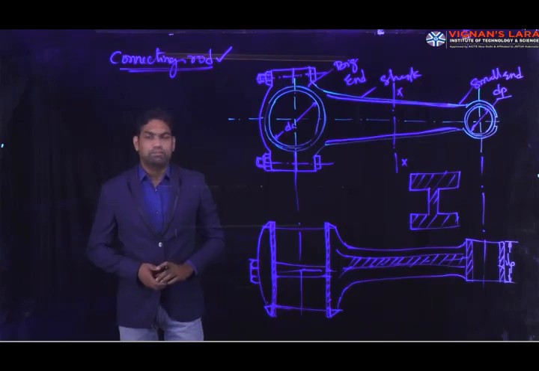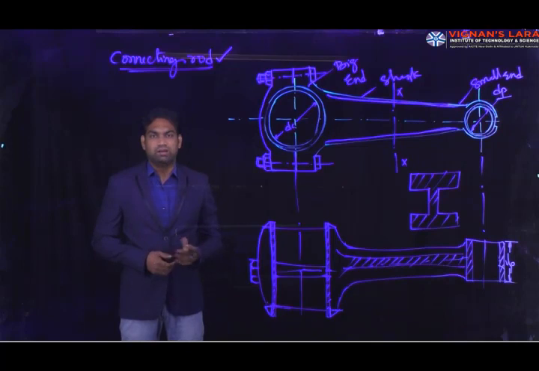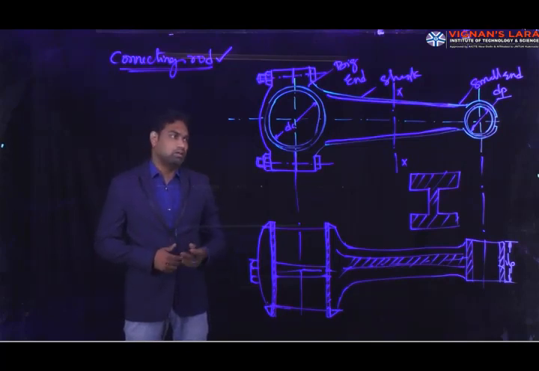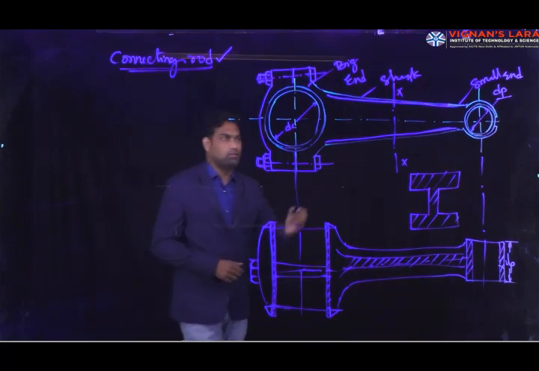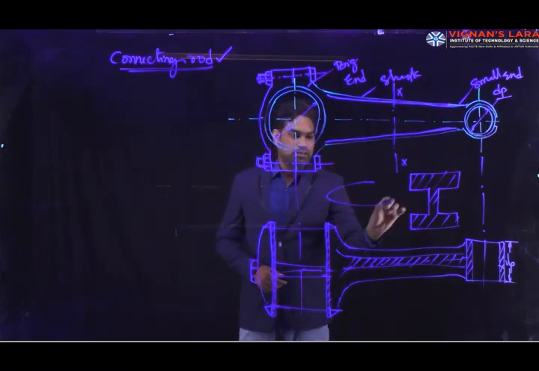The cross section of the connecting rod shank is generally circular, rectangular, I section or H section. For low speed engines, the cross section of the shank may be elliptical in shape.